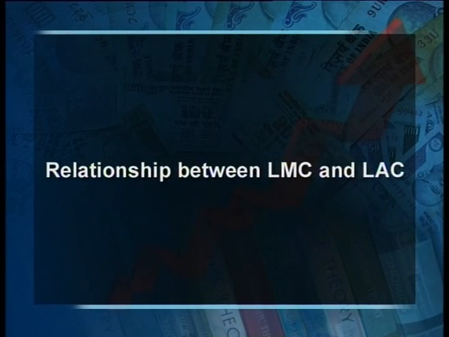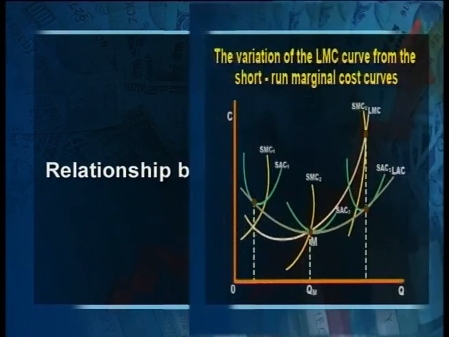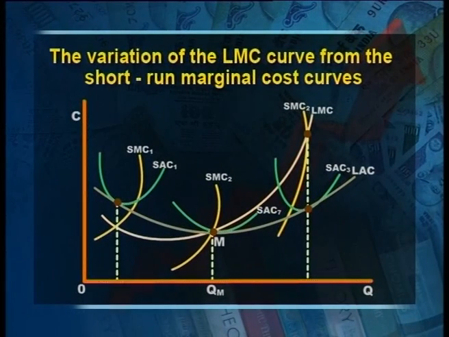Let's now establish the relationship between long run marginal cost and long run average cost curves. Look at the graph. It's clear from the graph that the LMC curve intersects the long run average cost curve at its minimum point and then remains constant with the flat stretch of the LAC curve.